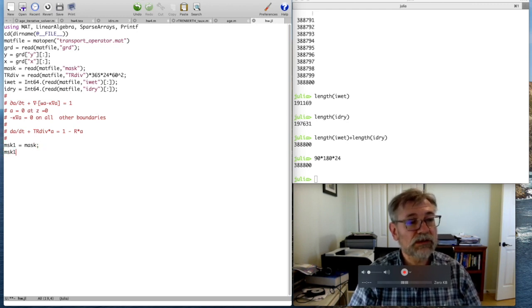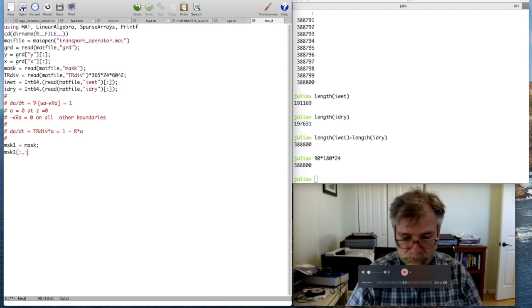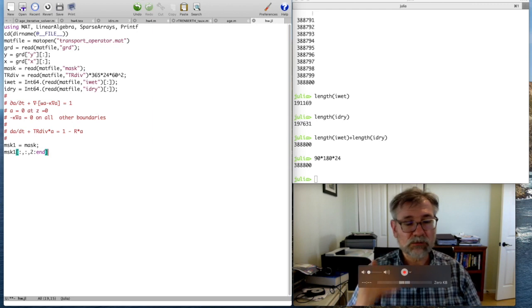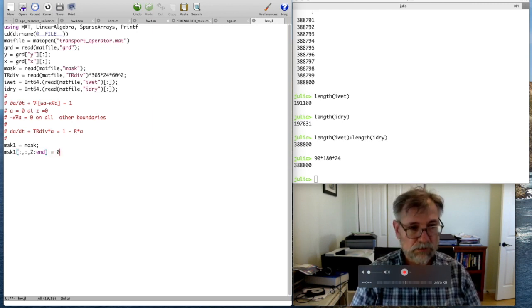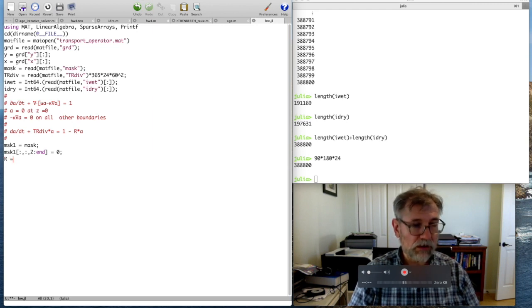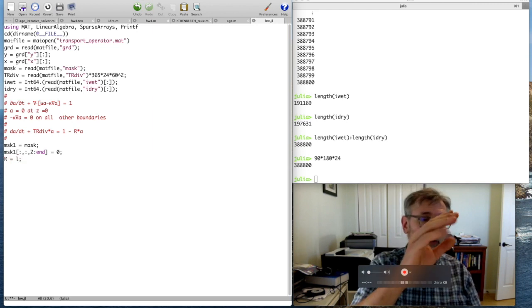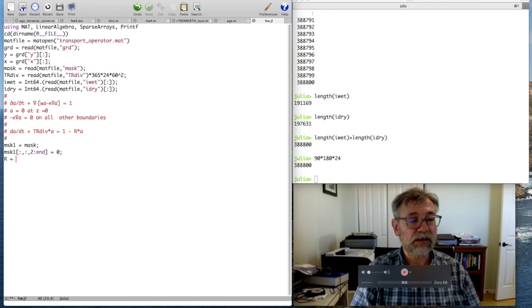And then we're going to reset the value of this mask to 0 for all levels below the surface. Then we're going to make R a diagonal matrix populated by the values of mask1 down the main diagonal.